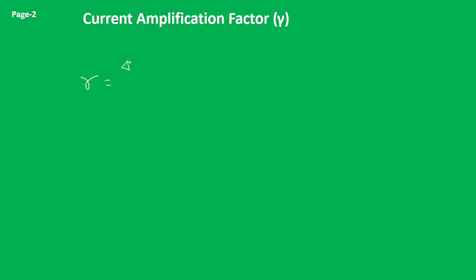So you can write that output current is IE. So change in IE to the input current IB with the output voltage constant. So VCE is the output voltage which is constant. So gamma is defined as this ratio.